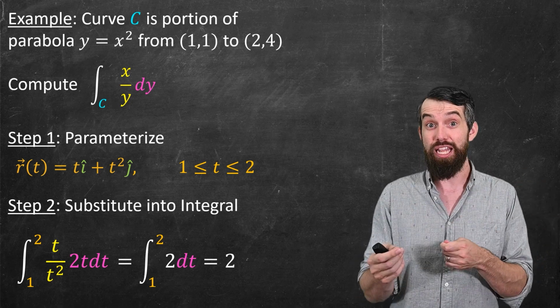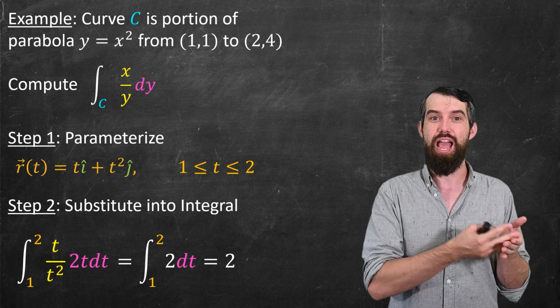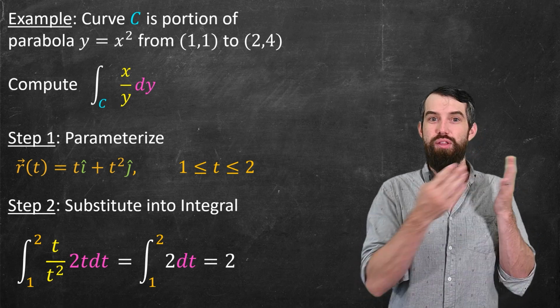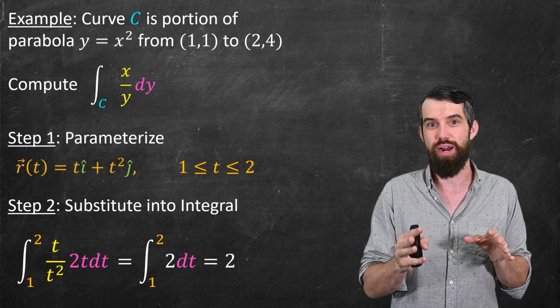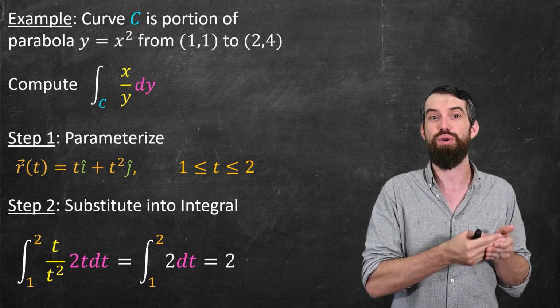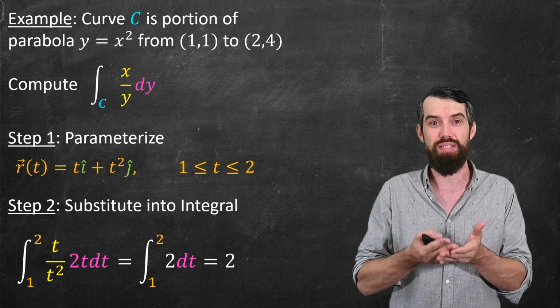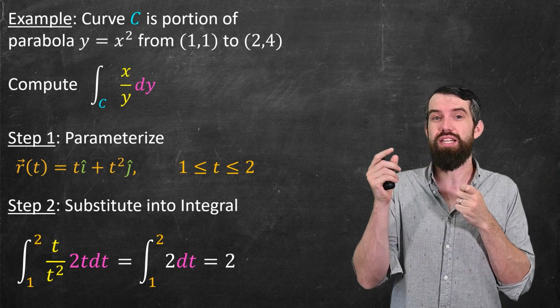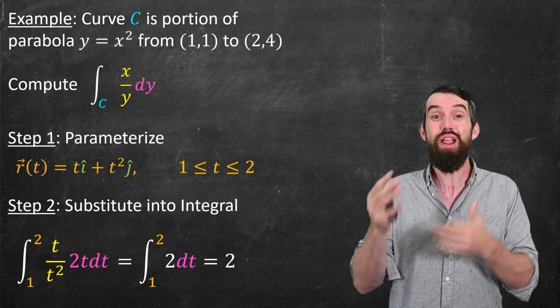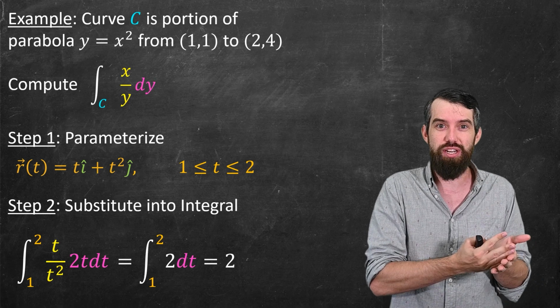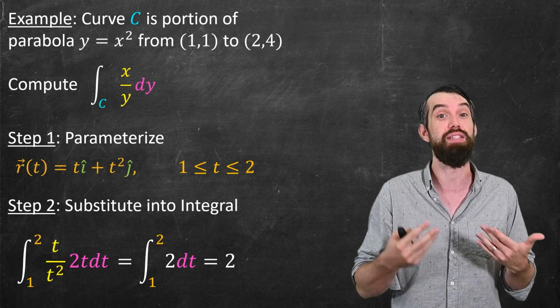And then similarly, when we were talking about vector fields and line integrals of a vector field, you could also ignore either the x component or the y component and zero it out and just take the line integral of a field with respect to one of the directions x or y, or if you wished, z. And these are extremely useful for when what you're trying to measure, what you care about, is an accumulation in one direction and you don't care about what's going on in some other direction.